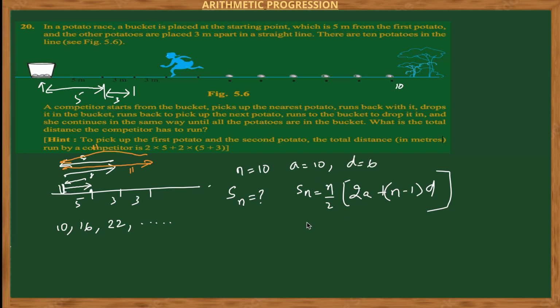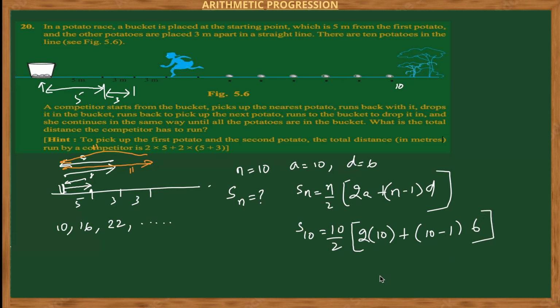Okay, so let's replace here. S of 10 is 10 divided by 2, into 2 times a, where a is 10, plus 10 minus 1 into d, where d is 6.